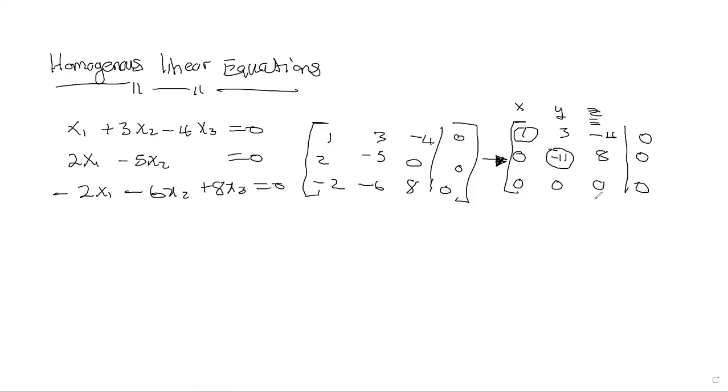So what does it mean? If you look at the last column, we've got 0 and 0, so automatically the solutions are infinite.